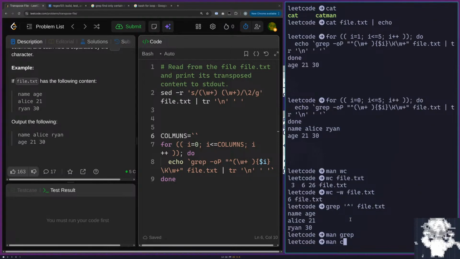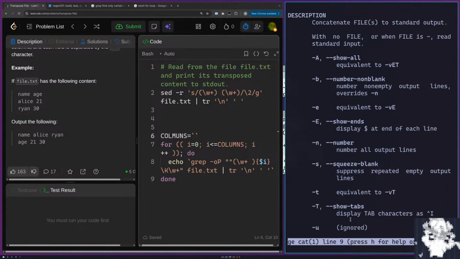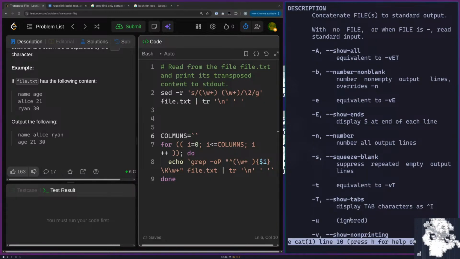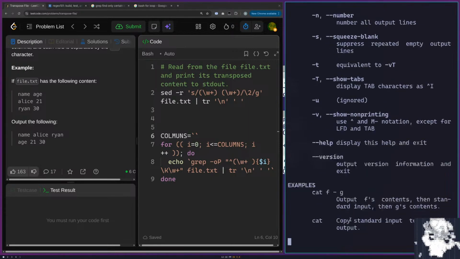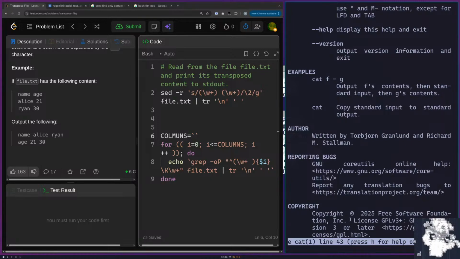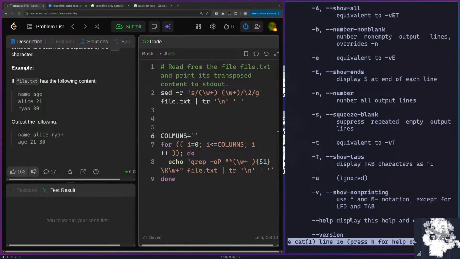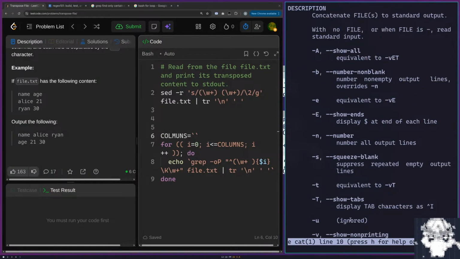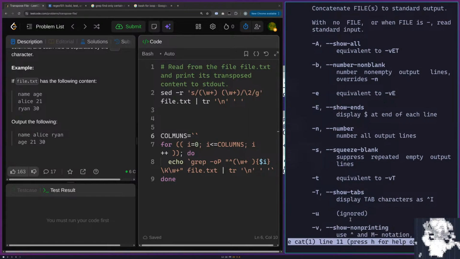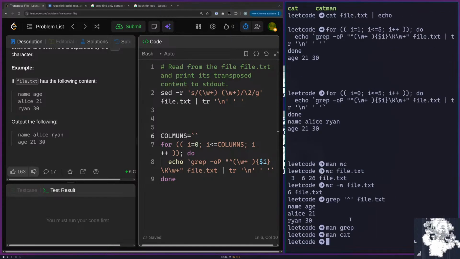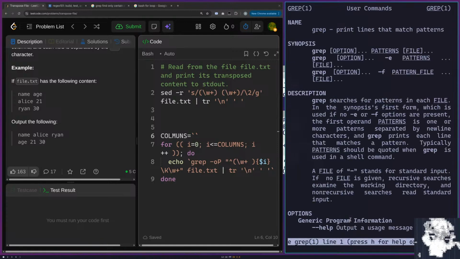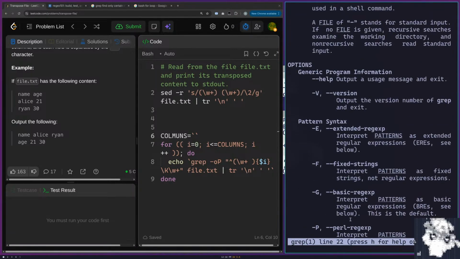Or possibly cat? Can I just cat? Number all output lines. Okay. Well, does grep have a thing that's only the first result?